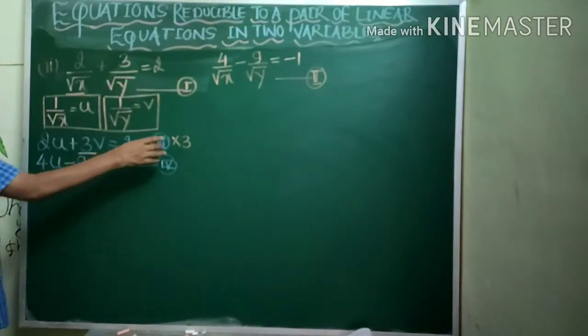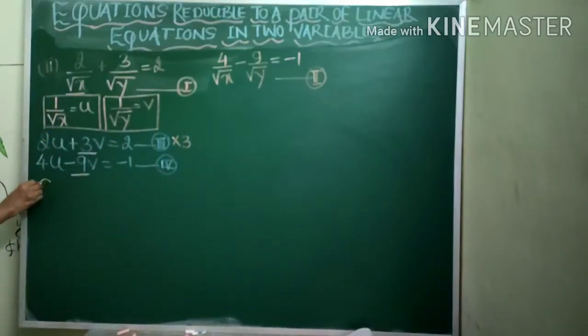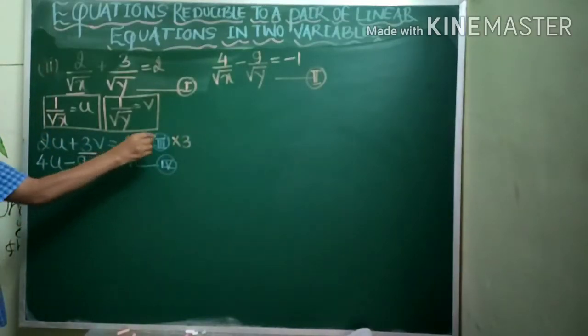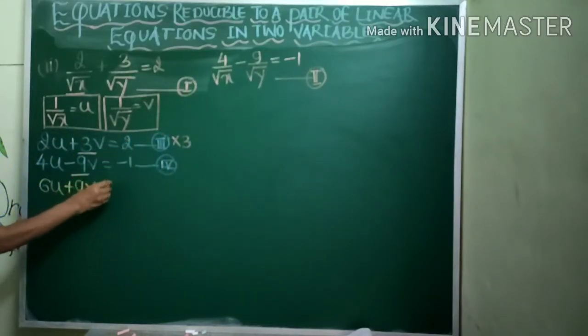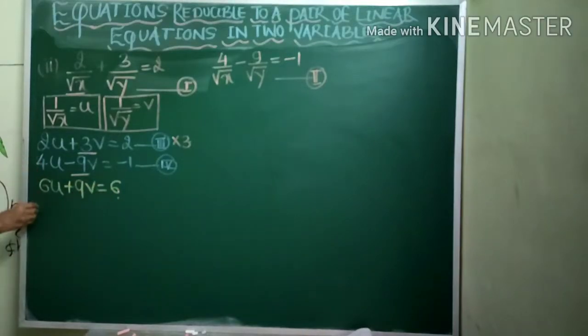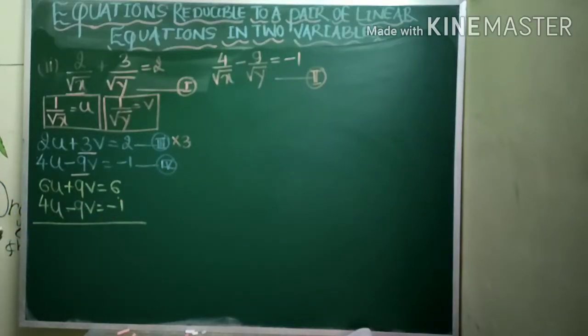How? Just see here, 3 into 2, I'll get 6. 3 into 3, I'll get 9. 3 into 2, I'll get 6. Then this is 4u minus 9v is equal to minus 1. Now even if I don't change the sign, directly the terms are getting cancelled.